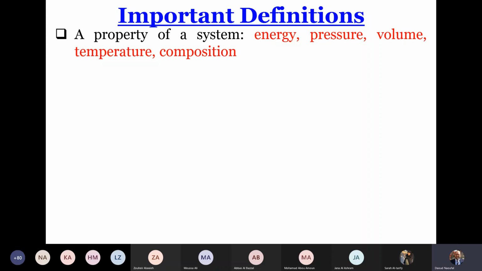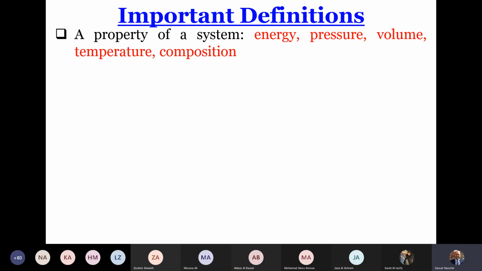We are interested in the transformation of the system or of the surrounding. But we have to keep in mind that when the system transformation releases energy, this energy is absorbed by the transformation that will happen in the surrounding, and vice versa. So the system releases energy to the surrounding, or the system absorbs energy from the surrounding. It depends on the nature of the transformation.